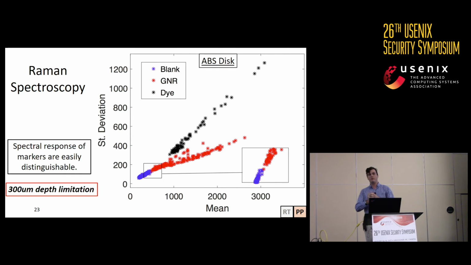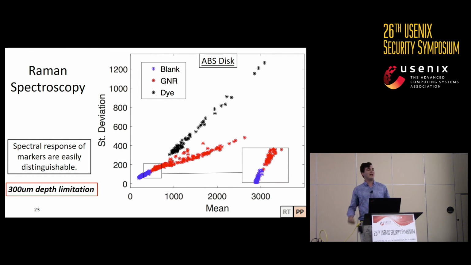And we're able to see that depending on the different types of enhancers versus the blank disk, which here we switched to ABS just to make it more real life for 3D printing, we see distinct clusters that we can use to say where different materials are located. Now, one of the issues that we run into here is that because we're using visible light, we're limited to about a 300 micrometer depth as long as our object is opaque.